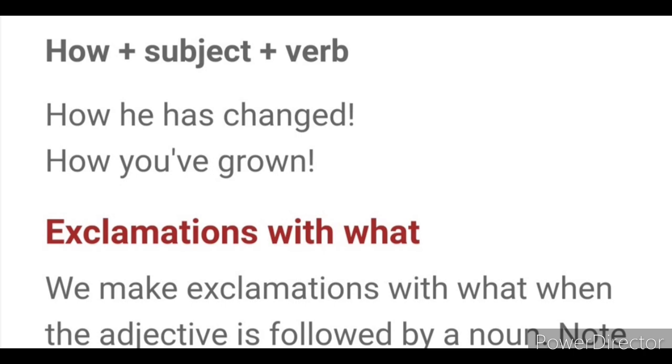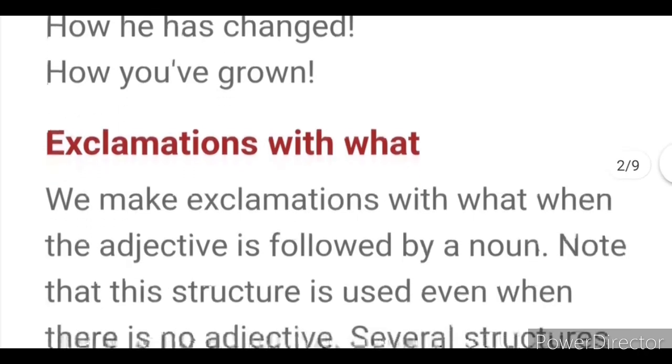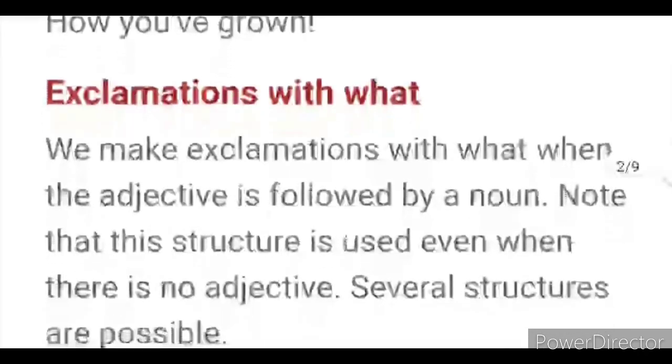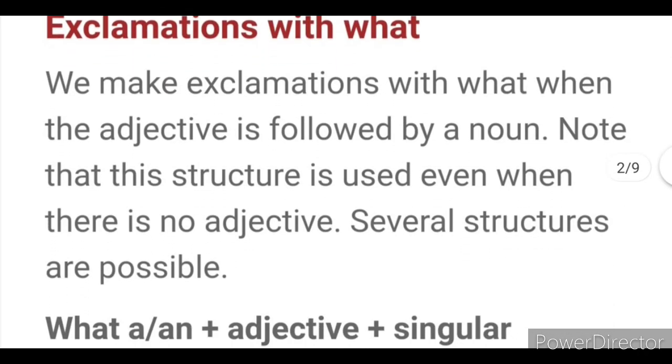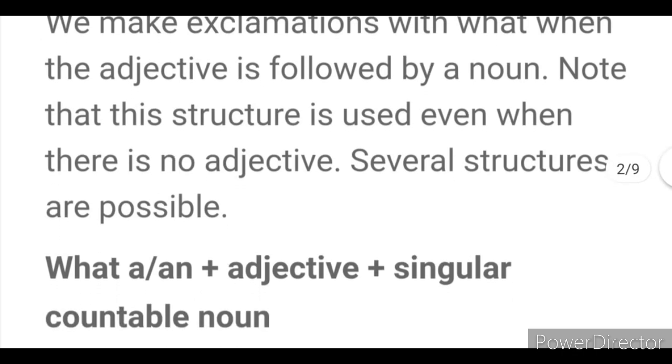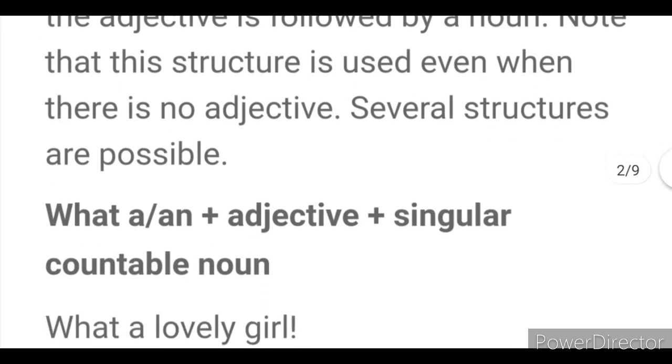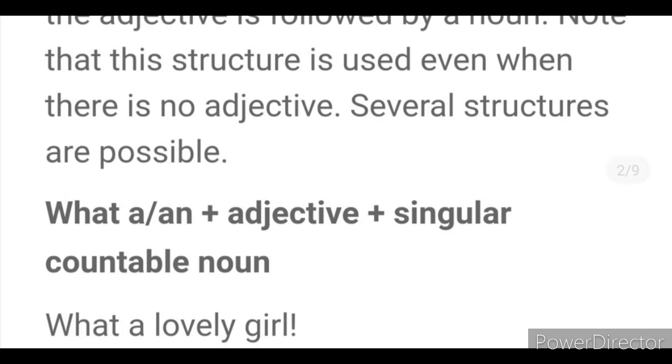Now exclamations with what? Let's see. We make exclamations with what when the adjective is followed by a noun. Note that this structure is used even when there is no adjective. Several structures are possible. Here are some. What an or what a plus adjective plus singular countable noun.